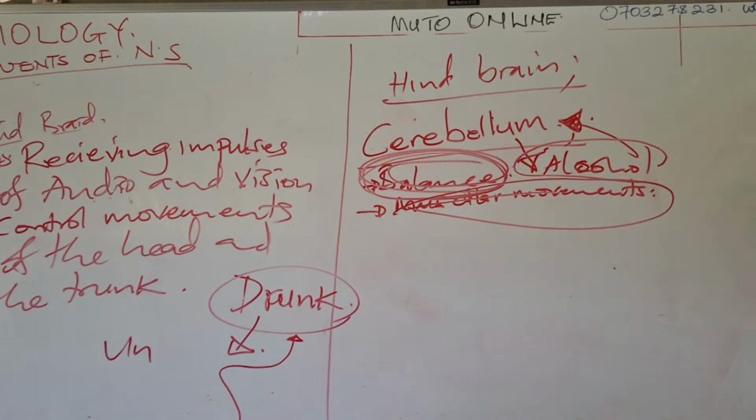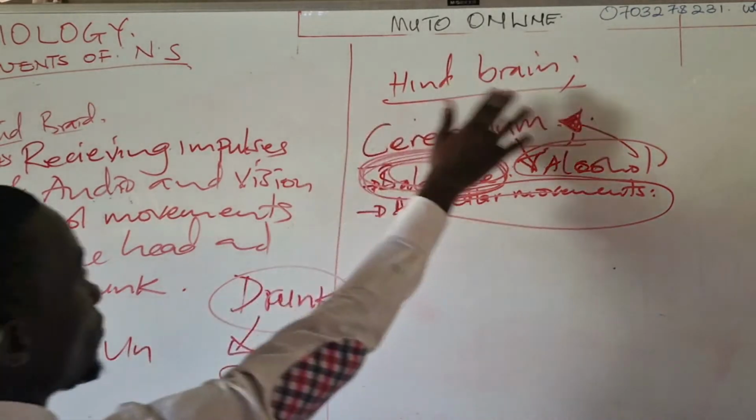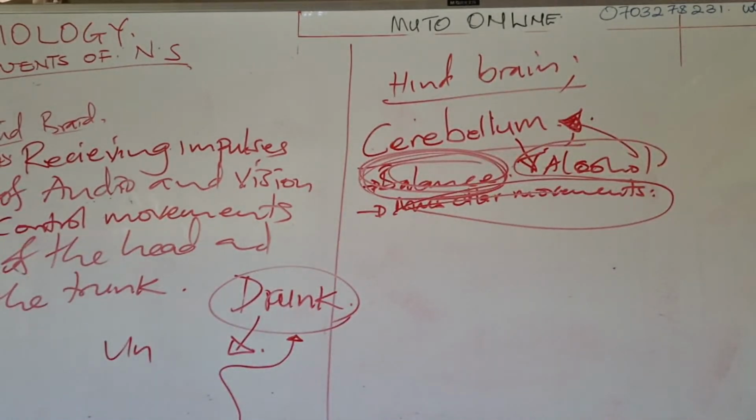So the chemicals that bring about drunkenness affect mostly this part because it is the part that is responsible for balance and muscular movement. The medulla oblongata, we very well know that it is the part that is responsible for all the autonomic functions, the autonomic responses. It controls the actions of the autonomic nervous system.